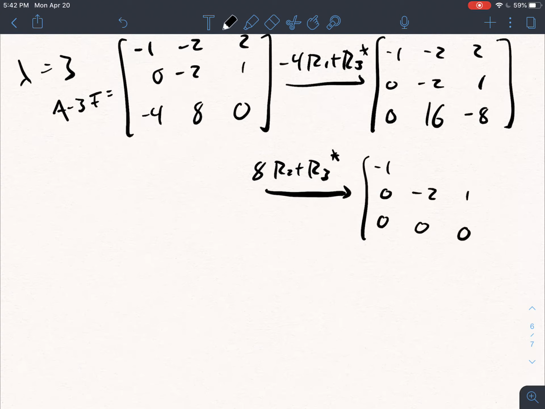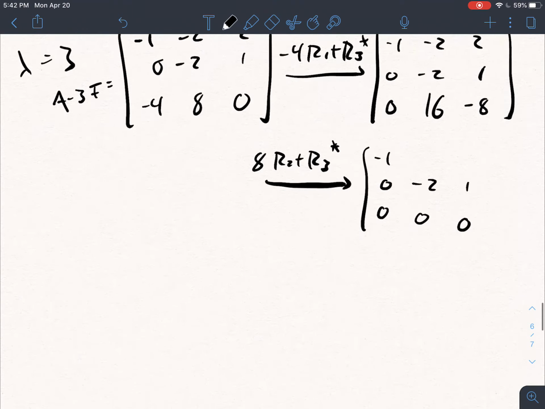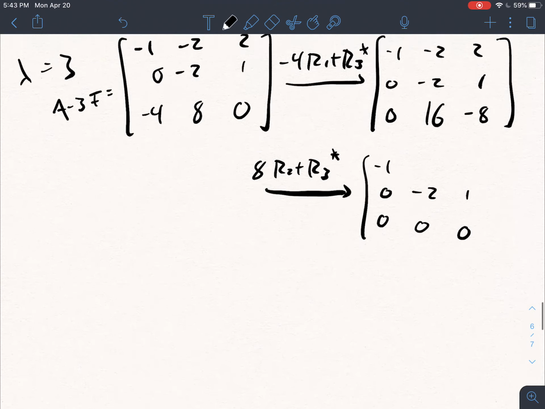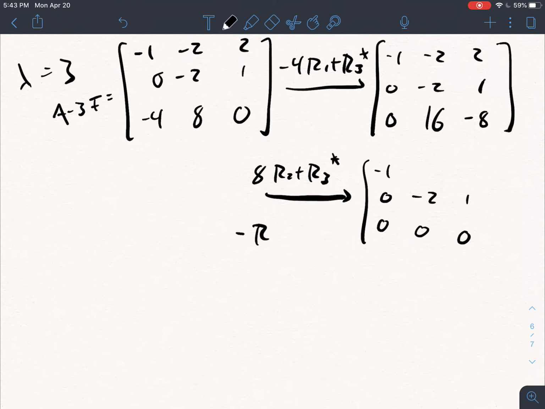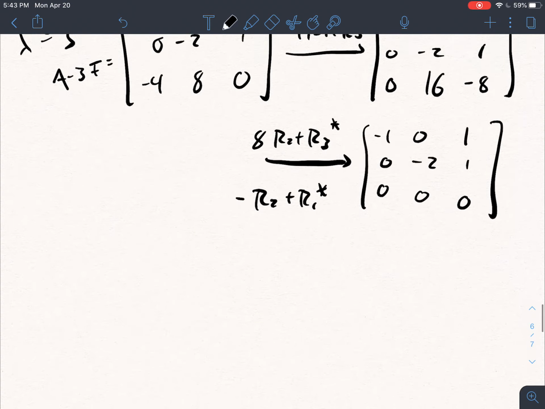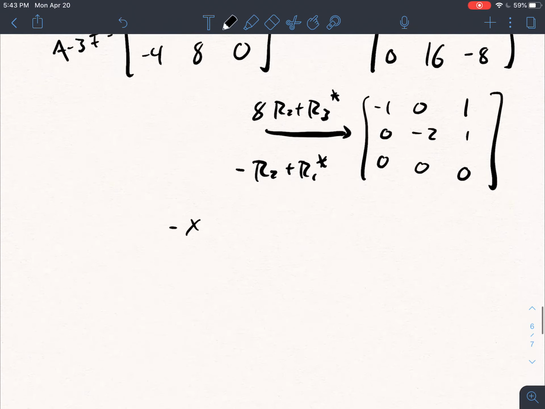So -1, -2. Actually, I can just go ahead and clear out some stuff above row 2 as well. So this will be -16 plus 16, and then -8, or 8 plus -8. Okay, and I'm also going to do negative row 2, add that to row 1, and then that'll be 0, and that'll be a 1.